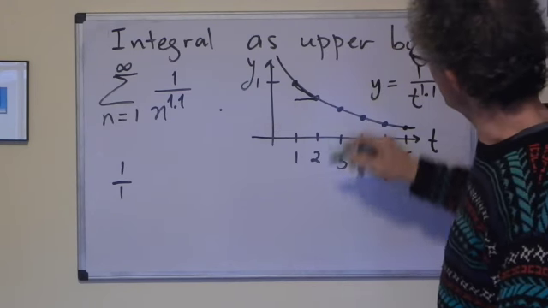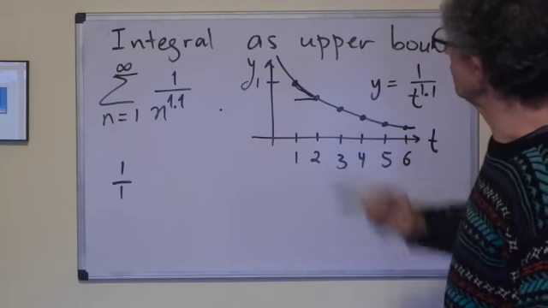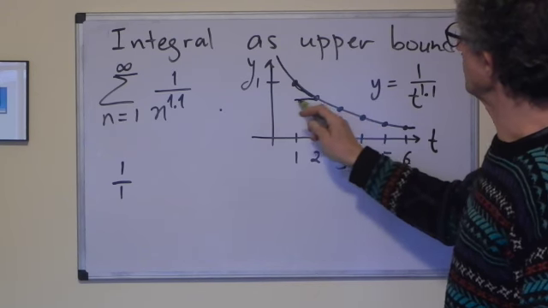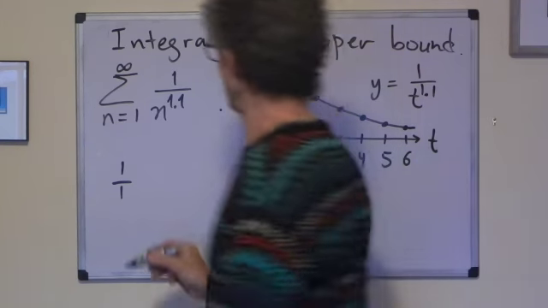And so, in general, the integral from 1 to 2 gives an upper bound for the second term.